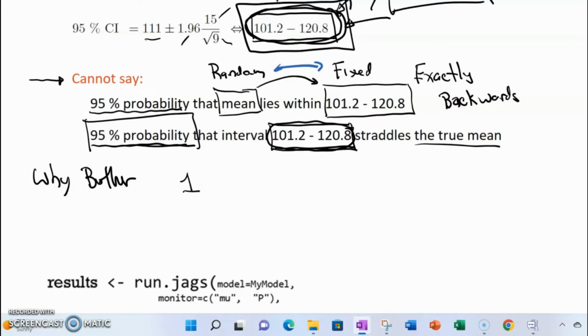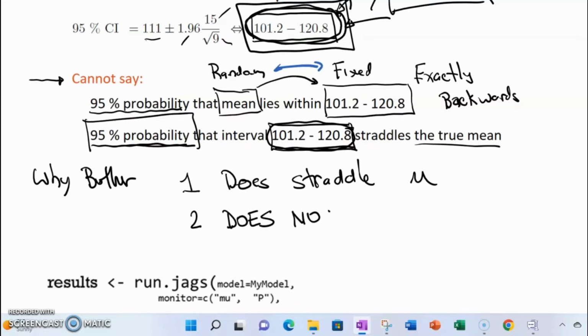Either it does straddle the true mean, or alternatively, it does not straddle the true mean. Now, given the process that we've undertaken, the probability of this thing not straddling the true mean, that would be a rare event.